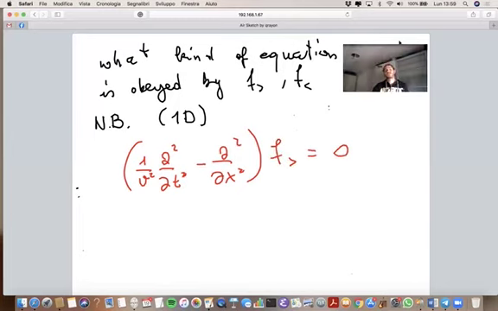Taking the second derivative with respect to x gives you the same result as taking the second derivative with respect to time and dividing out the contribution of the square velocity. I want to emphasize that this specific equation follows from the fact that x and t are not completely independent. They are linked together by the definition of z, which is x minus v times t. So basically, only if you have a wave, this is satisfied.